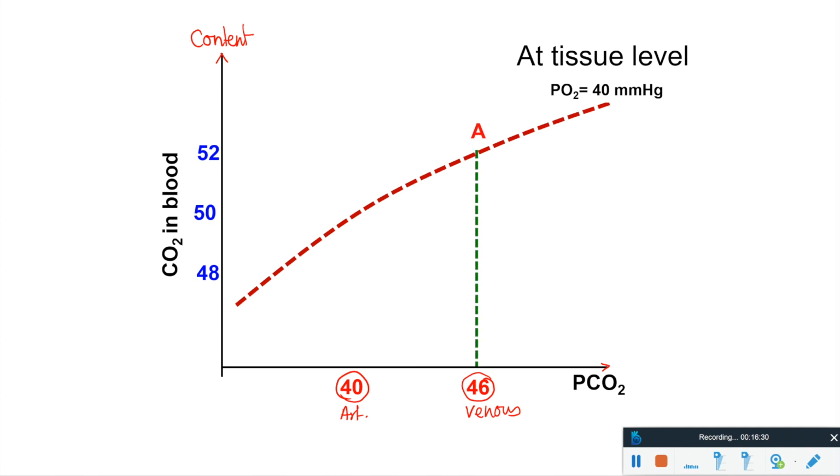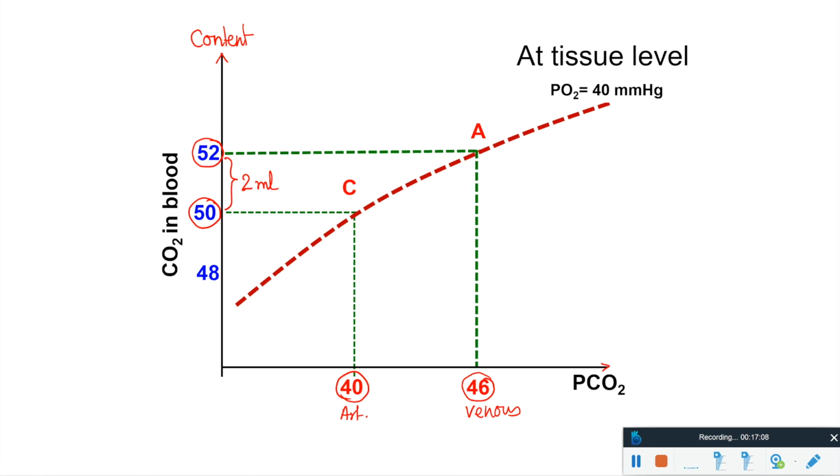Now if I draw a perpendicular on this dissociation curve, and another perpendicular on the y-axis, we find that with a partial pressure of 46, the content of carbon dioxide in venous blood is 52 ml, right? If we draw another perpendicular from the arterial blood carbon dioxide partial pressure, we find that the content of arterial blood carbon dioxide is 50. So the difference between venous blood and arterial blood carbon dioxide is only 2 ml.